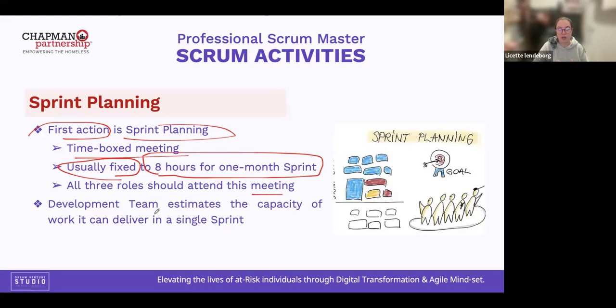And in that meeting we need to determine the capacity of work. Remember the capacity? Team capacity is measured in terms of story points. How many story points can we deliver in one sprint? Story points.